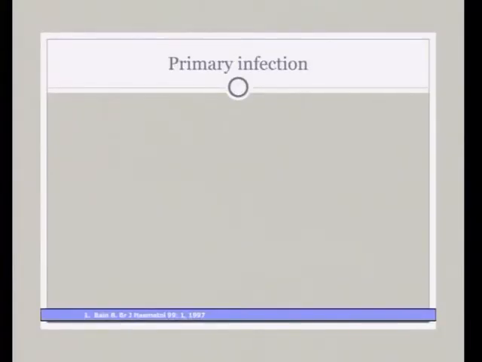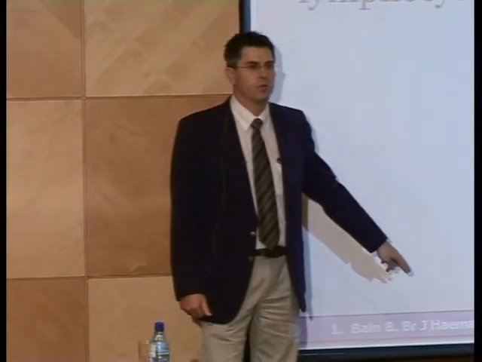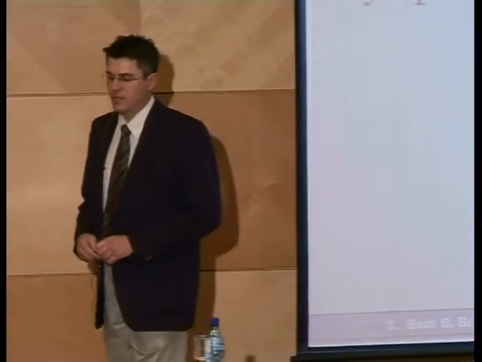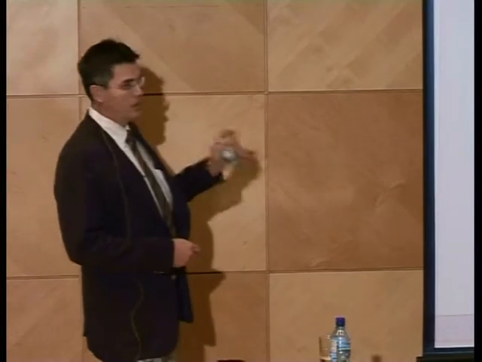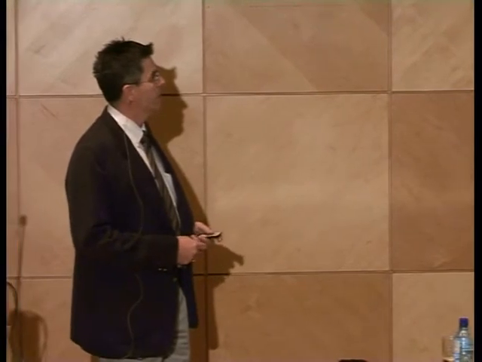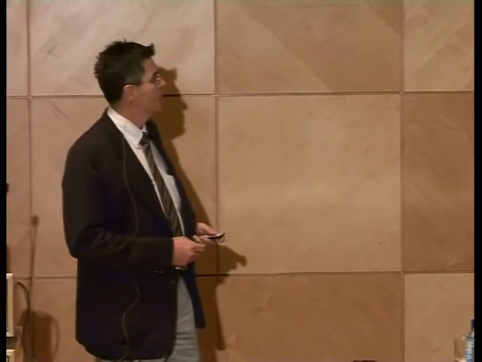So in terms of the primary infection, I would like to refer to Barbara Bain, who is probably one of the most esteemed morphologists in the world. She's an emeritus professor in London, and she wrote this paper in 1997 describing some of the changes that we see in HIV in terms of hematology.